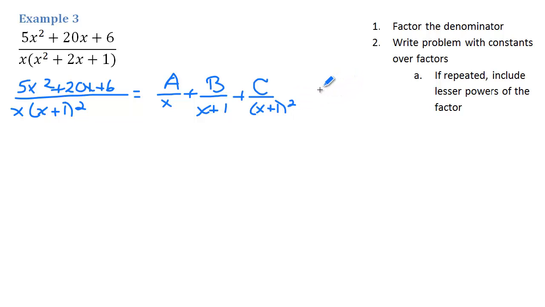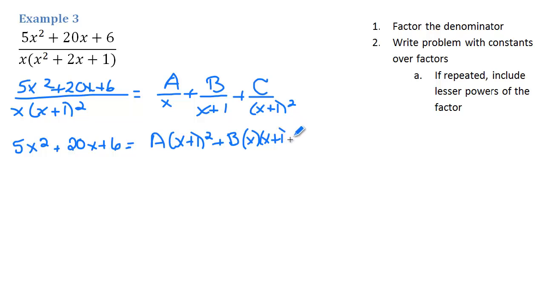So if we multiply everyone by our least common multiple, we'll get 5x squared plus 20x plus 6 is equal to A times the x plus 1 quantity squared plus B times x times x plus 1 plus C times x.